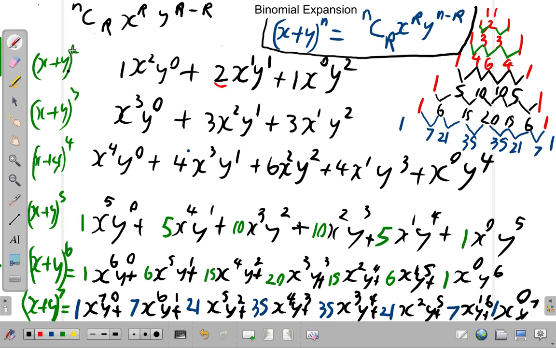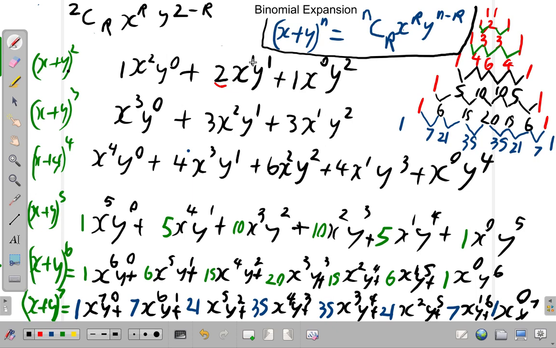Here, you're saying x plus y to the 2. So the power of 2. So n is 2. Whatever the power is, that's what n is. Now, n is 2, so I put this n here as 2. Now, this is saying x to the 1. How many x's you're choosing?